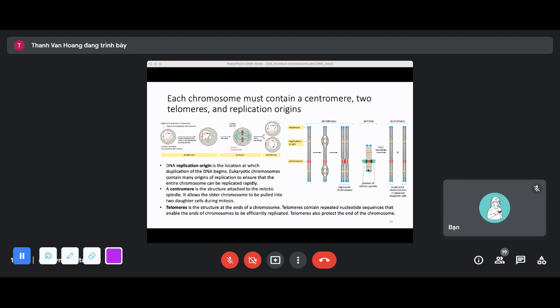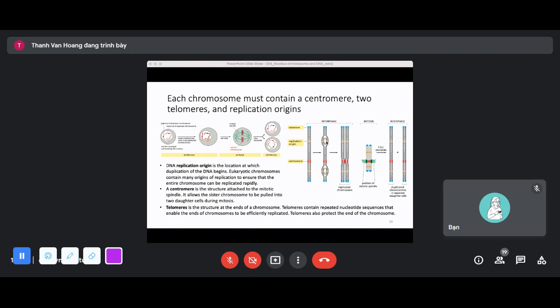So another structure found in all the chromosomes is the DNA replication origin. What is the DNA replication origin? It is where the DNA replication starts.